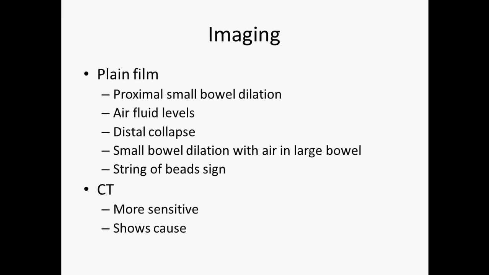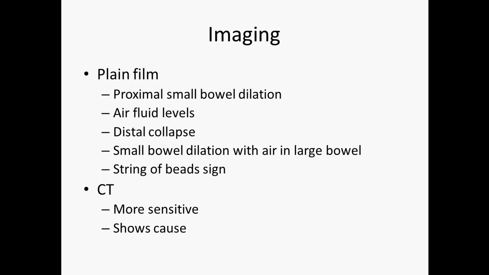Then you want to take them in and get some pictures taken. On plain film you look for proximal bowel dilation, you look for air fluid levels. In a true bowel obstruction, you'll often see a distal collapse.